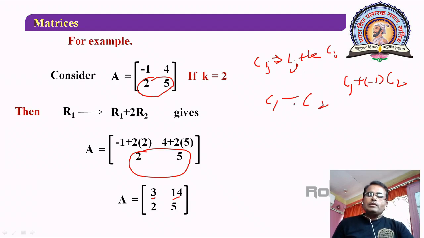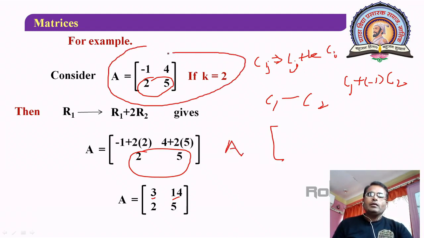Now, if you consider C1 minus C2, with A as the given matrix and k as minus 1, then A changes to what?